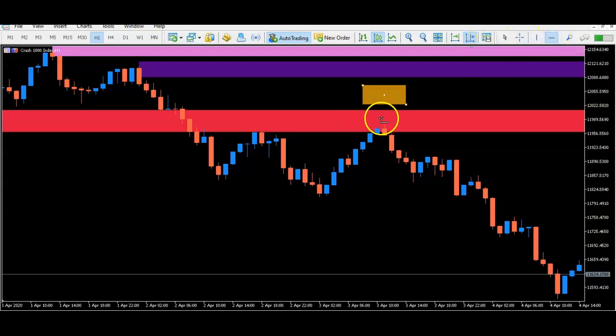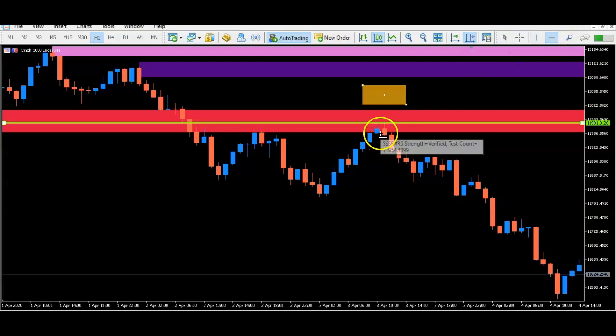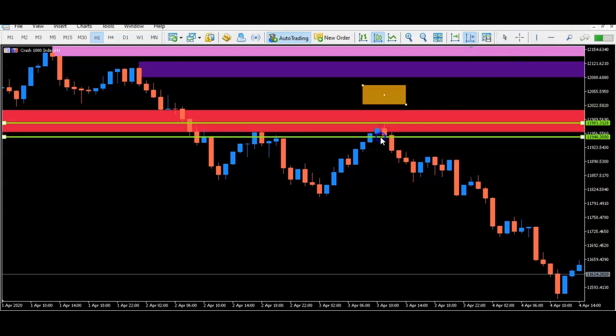Which means what we have here is a bearish engulfing pattern. Bearish engulfing pattern, which is another confirmation that price is about to reverse at this point.